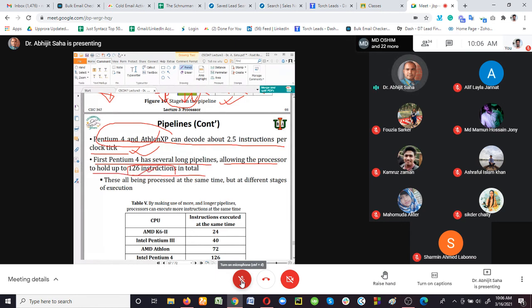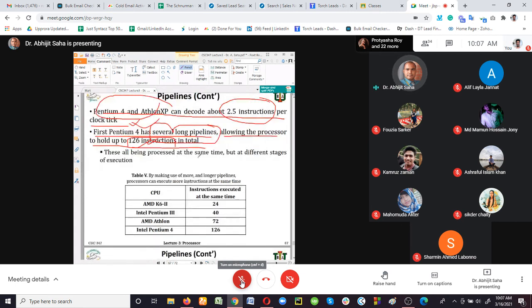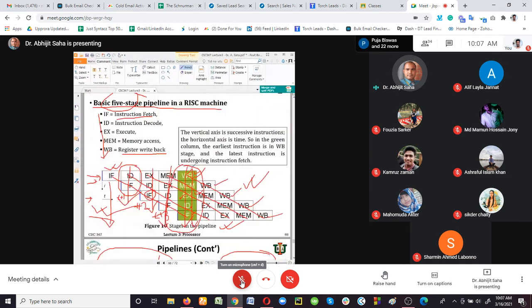When several long pipelines are there, many instructions can be taken into account. Per clock tick, 2.5 instructions are taken. These are all processed at the same time, but at different stages of execution. That is what we are explaining here.